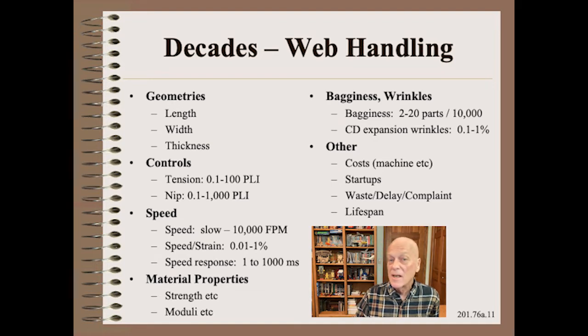Then we will discuss common material properties, followed by some of the most common wrinkling troubles, such as due to bagginess and expansion. Then we will finish the series with some management type topics involving the economics of machines, waste, delay, and customer complaints.